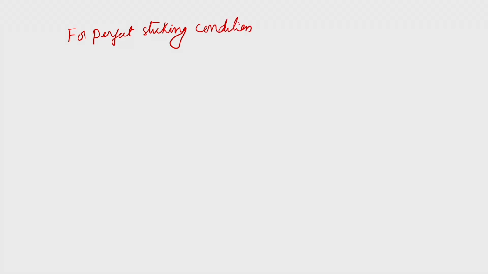So, for perfect sticking condition, m is equal to 1, and so we will get p is equal to sigma naught dash into a minus x by h plus 1.